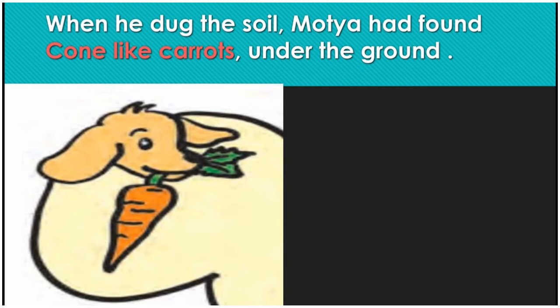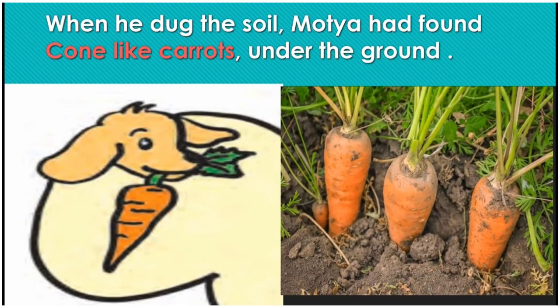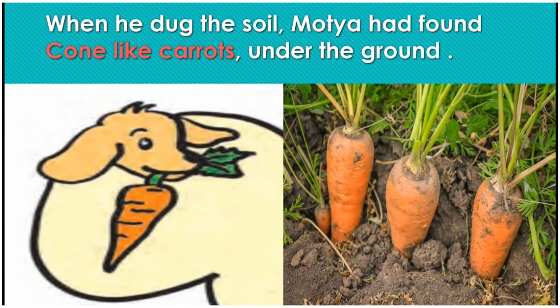The shape of the carrots is cone. Where did he find the carrots? Mota found carrots under the ground, after the dog Mota dug the soil. So the first shape of vegetable which we found here, students, is the carrot. And what is the shape of the carrot? Cone.